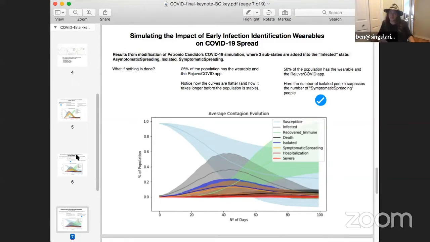Because here we see, with half the people using these devices and this app, we're in a condition where more people who are sick are being isolated than spreading, and this affects the dynamics.